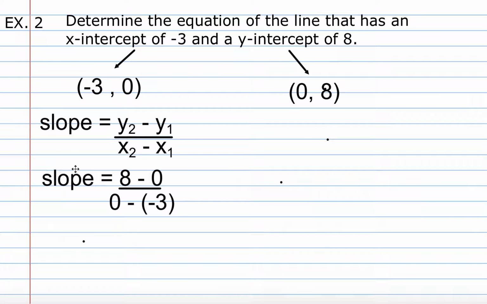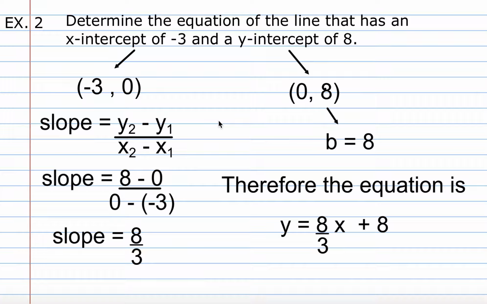This is a nice easy one. We get 8 minus 0 and 0 minus negative 3, which is like 0 plus 3. We get a slope of 8 over 3. Now the y-intercept tells you the b value, because the b value is always the y-intercept. So we have a b value of 8. Therefore we have an equation of y equals 8 over 3, our slope, x plus b, or 8.